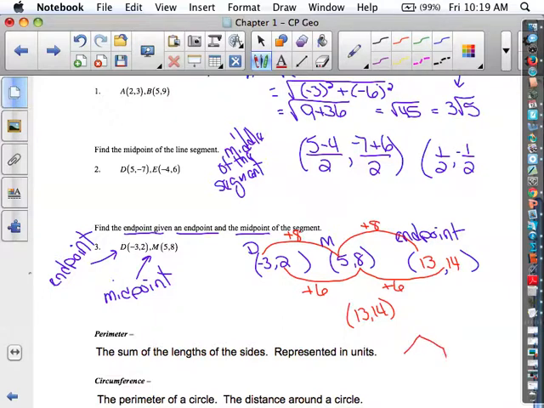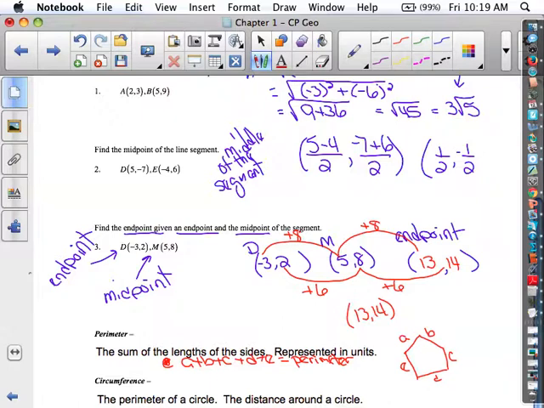So if I have a polygon that looks like this, and this is A, B, C, D, and E, the sum is A plus B plus C plus D plus E equals the perimeter.